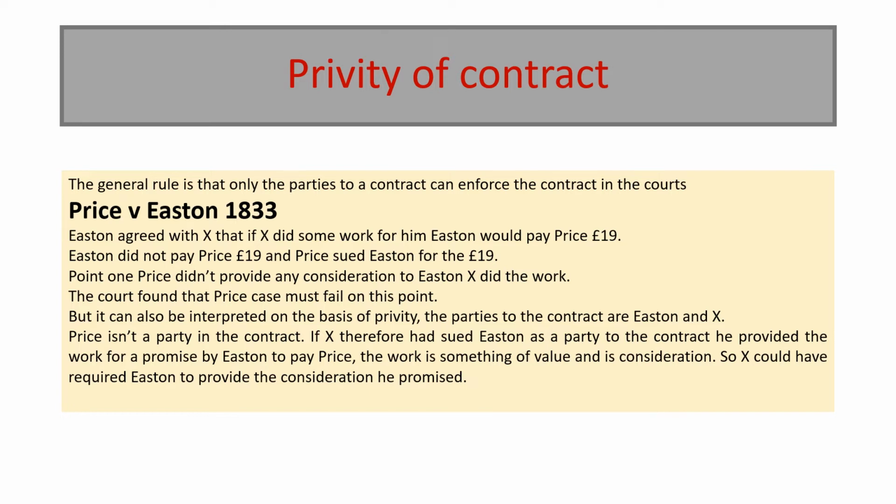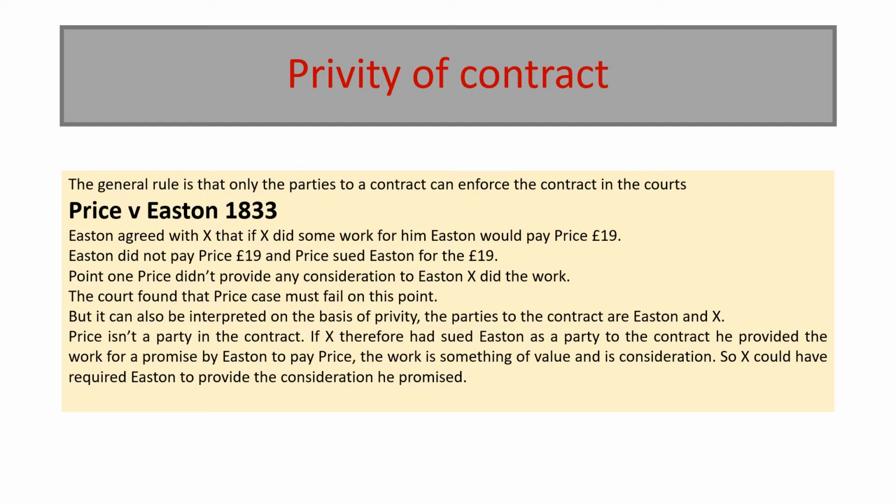If X therefore had sued Easton as a party to the contract, he provided the work for a promise by Easton to pay Price, then his provision of work would be something of value and would be proper consideration. So X could have required Easton to provide the consideration he promised.